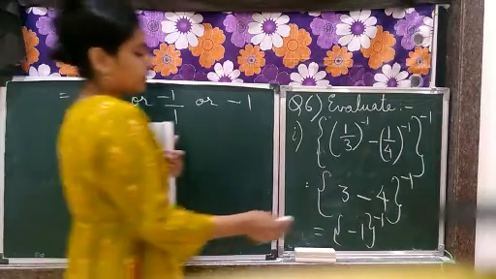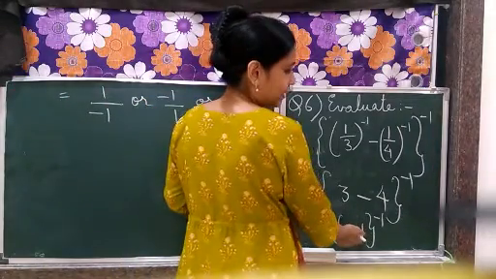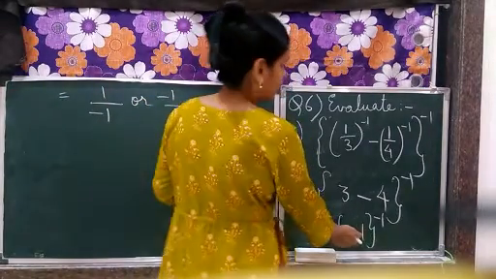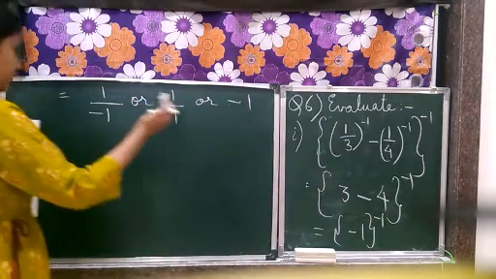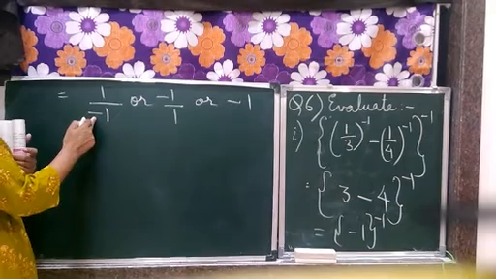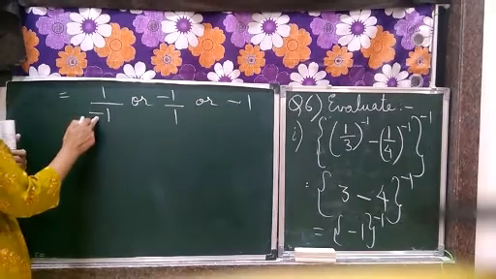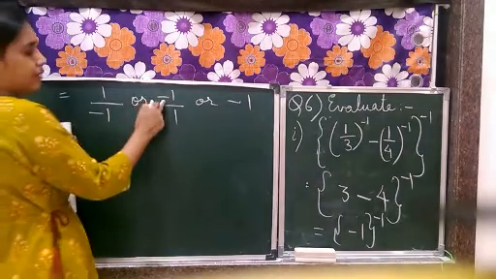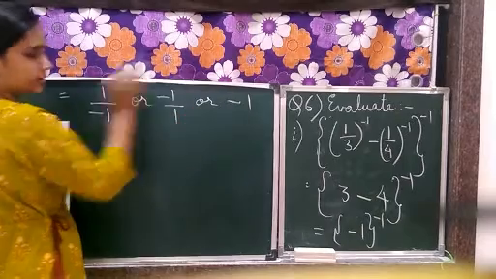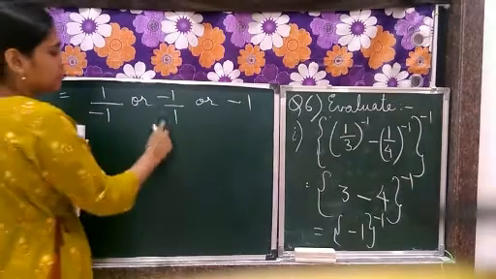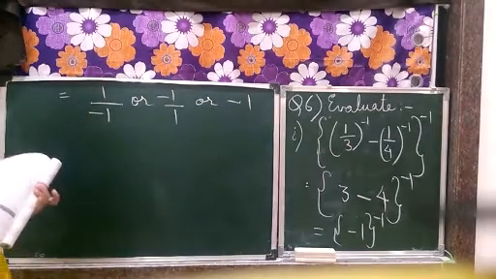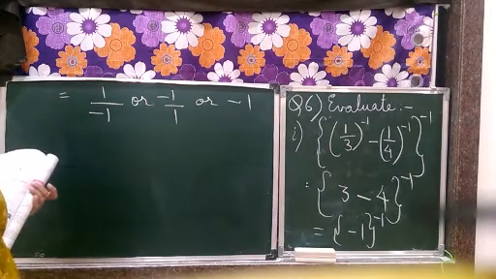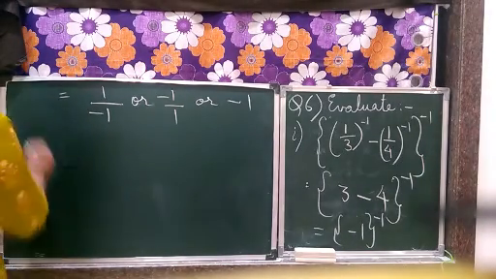I wrote the reciprocal or multiplicative inverse of minus 1 to remove this negative sign from the exponent, and minus 1's multiplicative inverse is 1 upon minus 1. Then I gave the minus sign to the numerator and then I only wrote numerator because writing this is one and the same thing. So this completes the first part of question number 6.